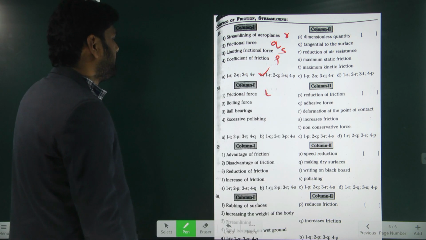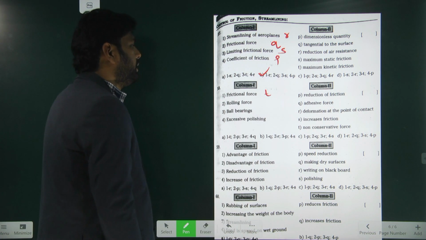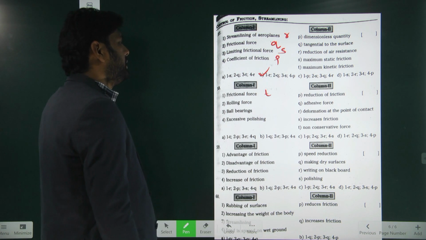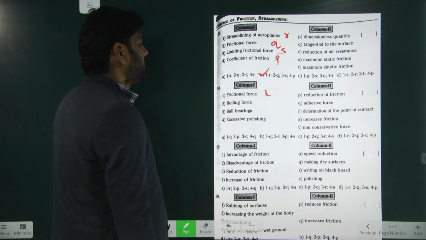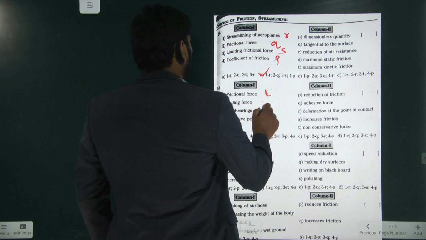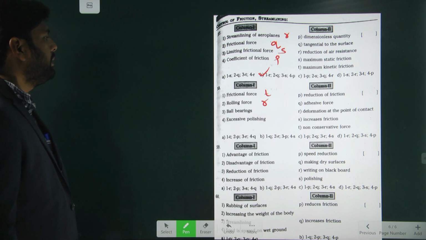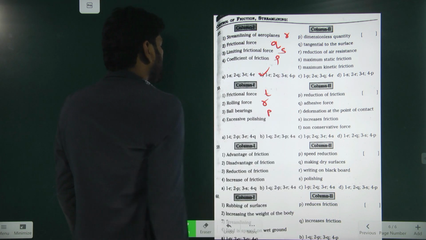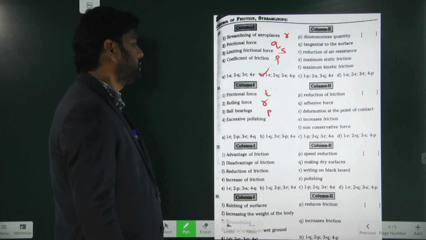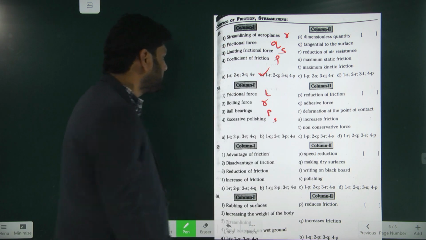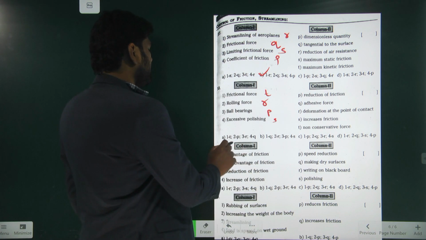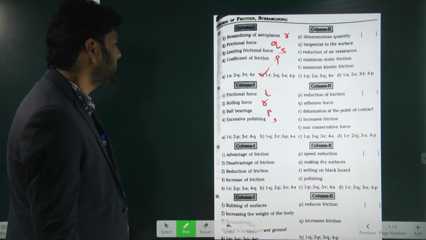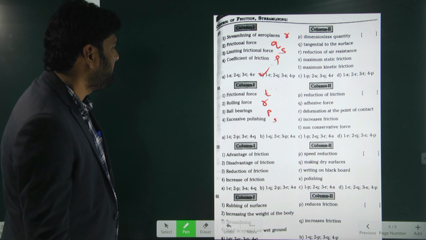You can keep it as T. Rolling friction is deformation at the point of contact, actually R. You can keep R. Ball bearing, reduction of friction, that is P. The fourth one, excessive polishing, is increasing the friction. So total TRPS. Is there any question?